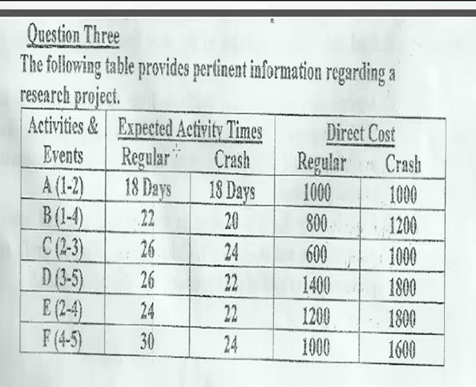And you are given the regular timing that this project can use, and you are also given how each of these activities or events can be crashed to a specific number of days. And you are given the regular and the crashing cost. Regarding the requirements, try to solve only what you are required. Okay, let's start.